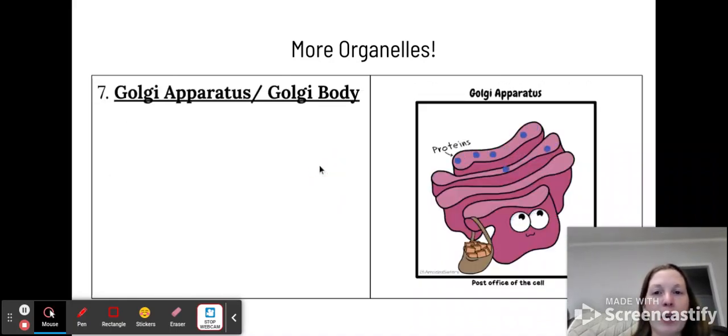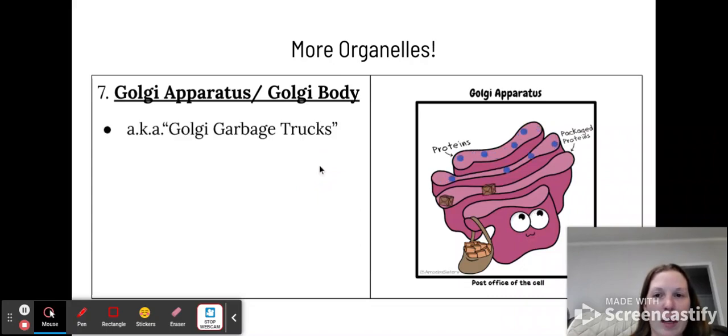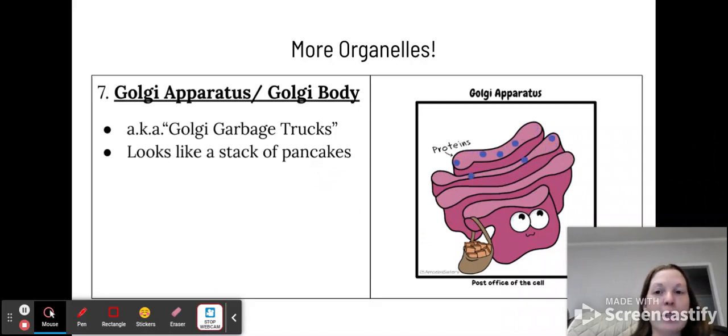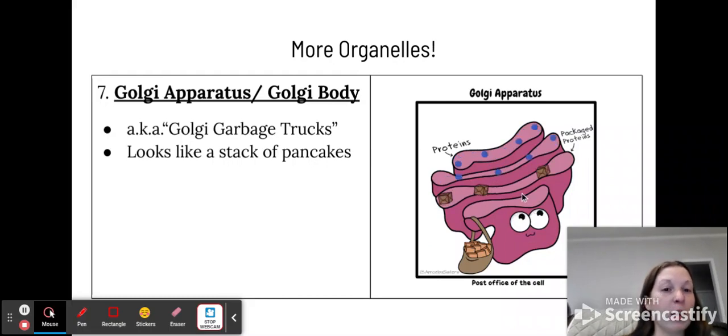Next, we have the Golgi body or the Golgi apparatus. They are the same thing. And these are also nicknamed Golgi garbage trucks, because of what they do in the body. They look like a stack of pancakes. It's similar to the ER, except these little sections are not necessarily connected to each other.